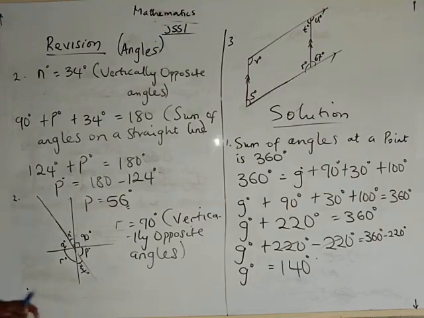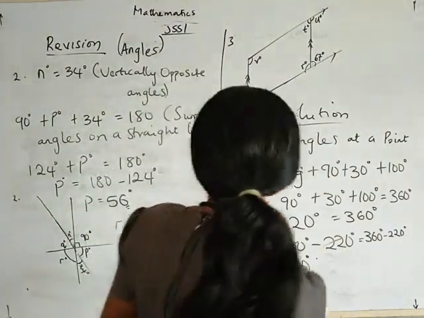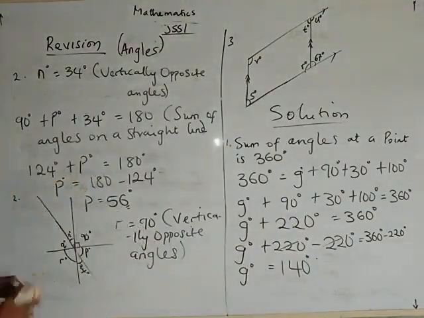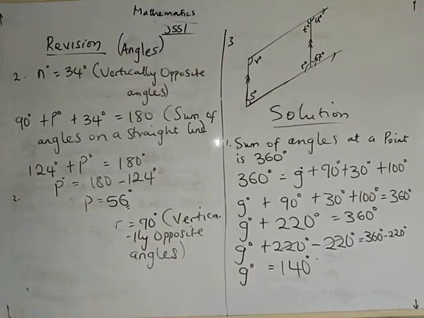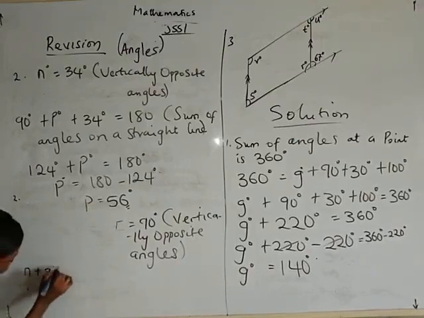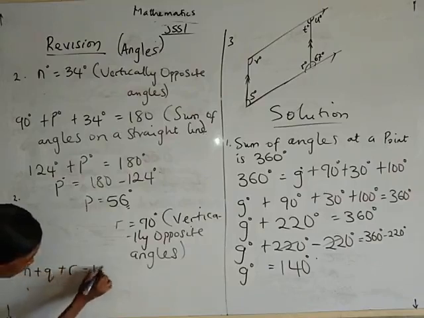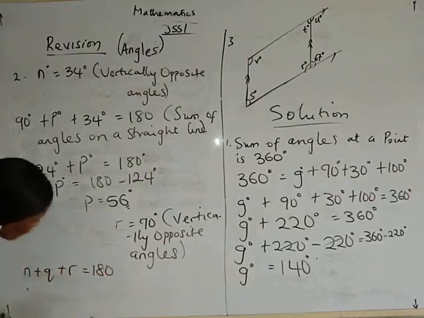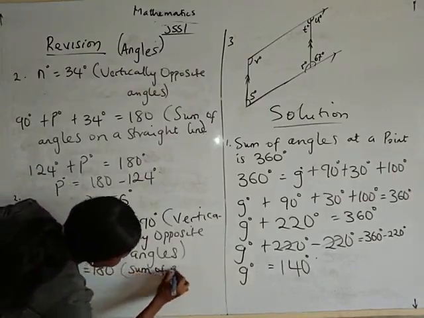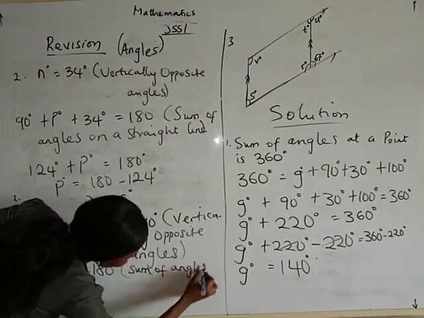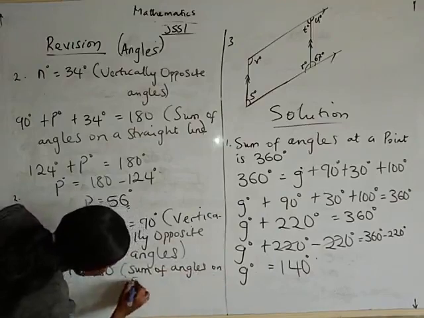So we can say at this point that N plus Q plus R is equal to 180 degrees. And the reason for this is sum of angles on the straight line.